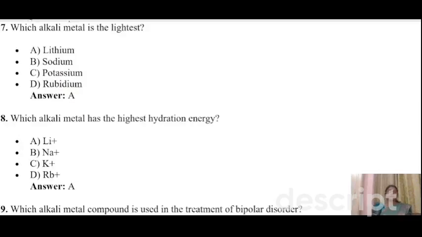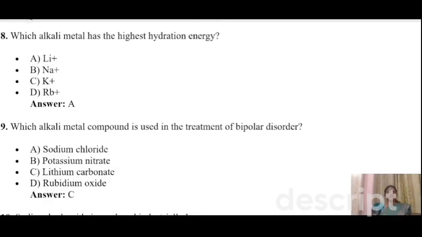Next, which alkali metal is the lightest? Lightest means its mass should be low. We can easily understand the lightest metal is lithium. Therefore, the answer is lithium. Which alkali metal has the highest hydration energy? The highest hydration energy is possessed by lithium.